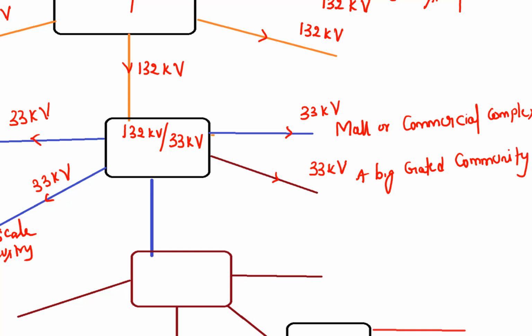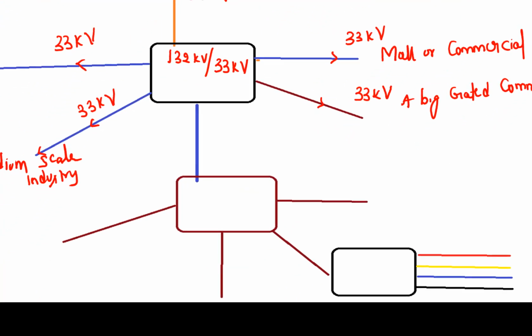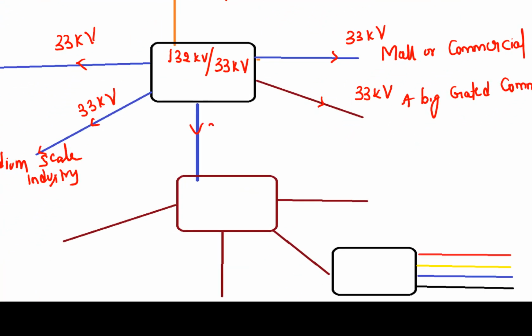So there are different kinds of loads in that area which directly tap the supply at 132 kV or at 33 kV.